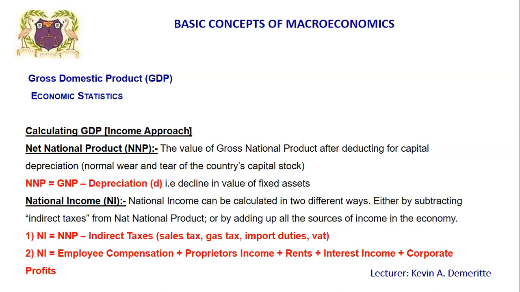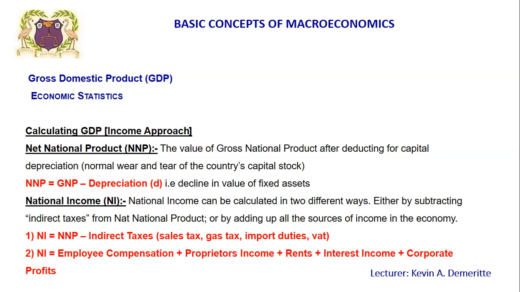So you put aside money over time to replace these things when they eventually wear out. And there's usually an accounting standard, a fixed value in percentage terms, in which you mark down the value or depreciation of that capital stock. So now you end up with net national product.